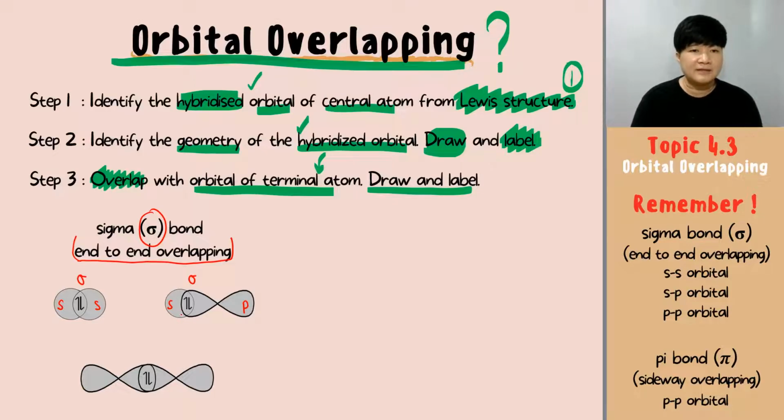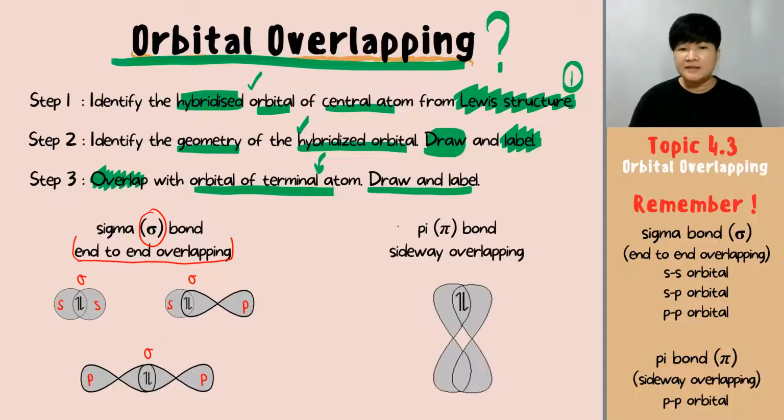Last but not least, another sigma bond can be formed from your p orbital overlapping with the p orbital head to head, end to end. So to form a sigma bond, it must be an end-to-end overlapping.